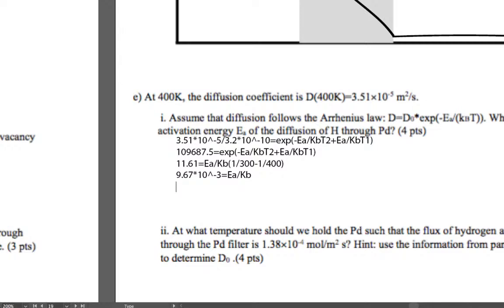So you take the answer, and then you multiply that by the R, which is 8.314, divided by 6.02 times 10 to the power of 23.